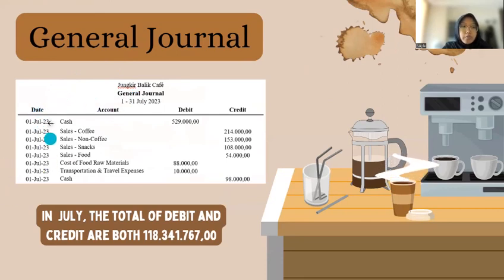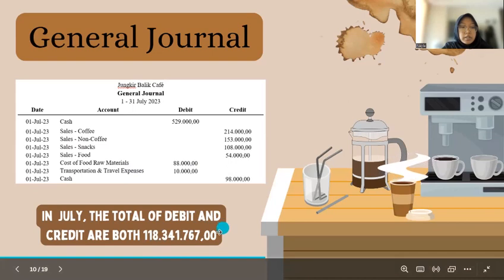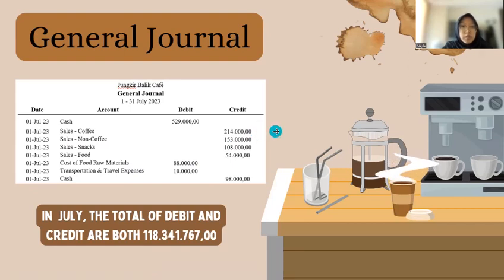Here is a sample of the first of July, and we did this for the adjusting journal as well. And from here, we got a total of debit and credit of this amount. After making the general journal, we then make a general ledger, but it's in the report.